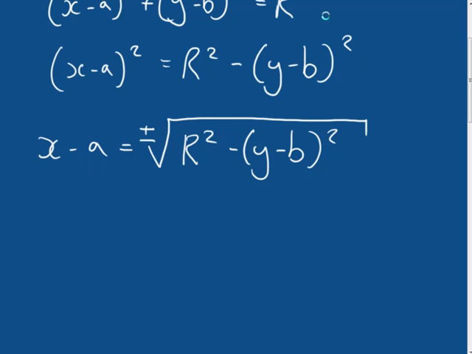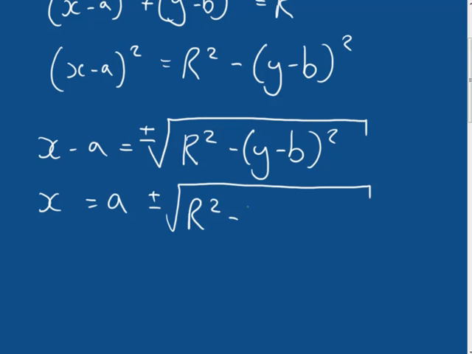We can't just take the positive square root because we're not just finding a distance. We are indeed finding a coordinate value. So the last thing we need to do is get rid of that a. We can simply do that by adding a to our equation. So x is equal to a plus or minus the square root of r squared minus (y minus b) squared.